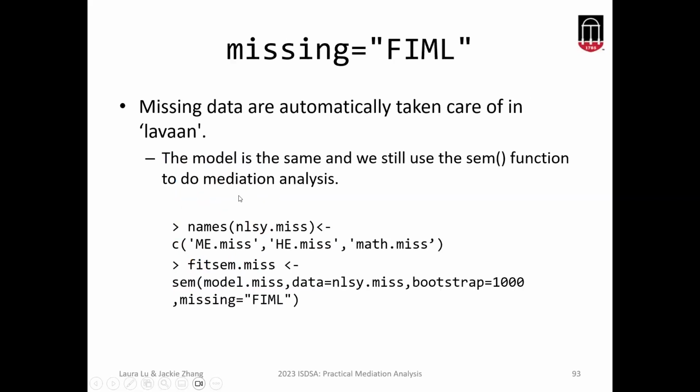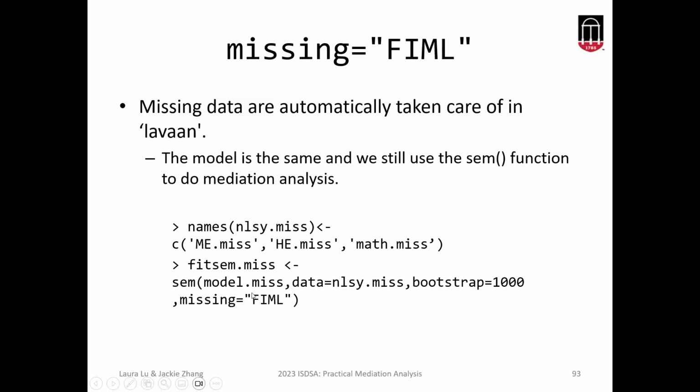When we use the lavaan package, luckily, it will automatically take care of the missing values. In the sem function, which estimates the parameters, we have the model specified, the data set, and the bootstrapping option. Then we have another option called missing.